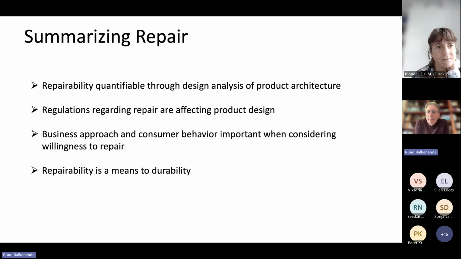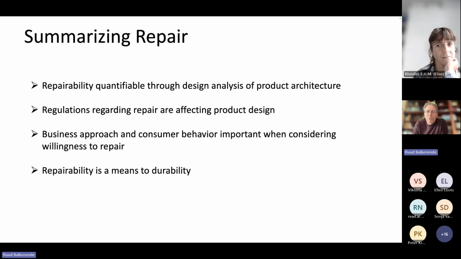Well, summarizing the repair part, repair is something where over the past years we have gained a lot of insight, where we have developed clear guidelines for design for repair, and where we are now able to assess repairability based on product architecture without the need of testing.